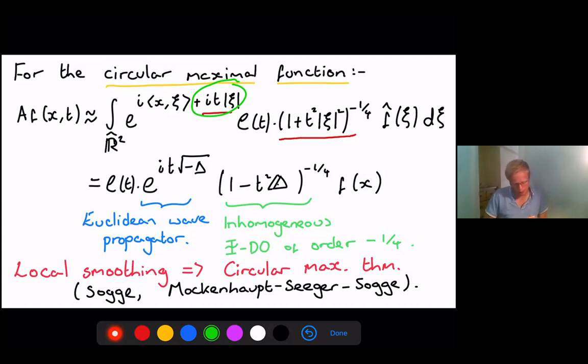In particular, they showed that certain space-time estimates for solutions to the wave equation, called local smoothing inequalities, imply the circular maximal theorem. Although we do take this approach in our work, I'm not really going to go into the details of what this local smoothing involves, but basically this encapsulates the relationship between the wave equation and the circular maximal function theorem.